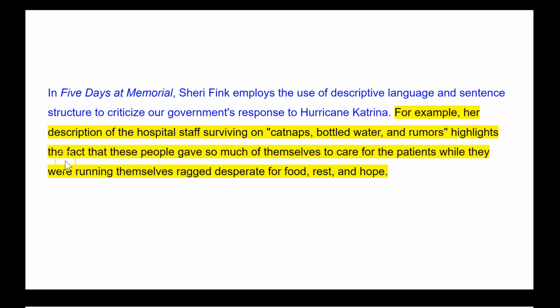Right here, this part, the fact that these people gave so much, that is my commentary. So sometimes your evidence can be included and embedded within your commentary. You don't necessarily have to always think of them as two separate sentences.